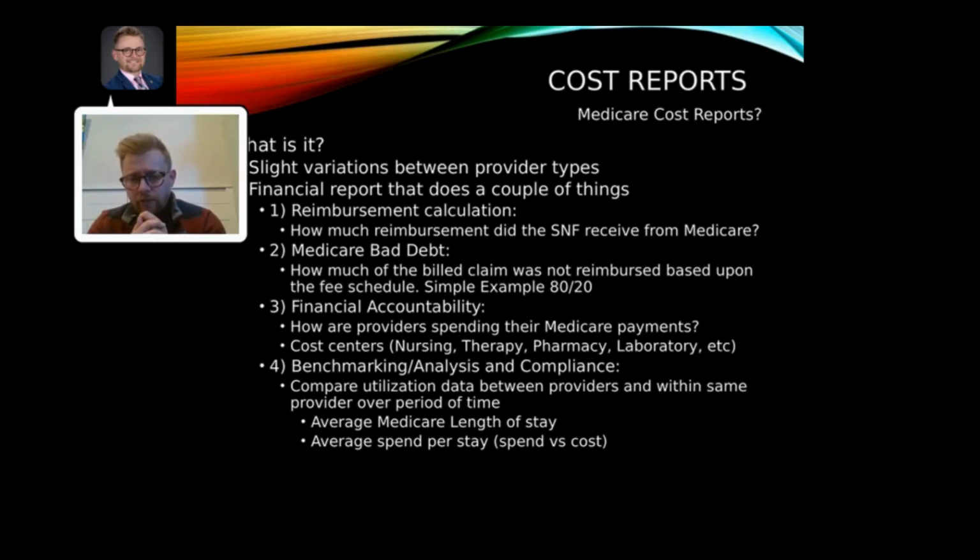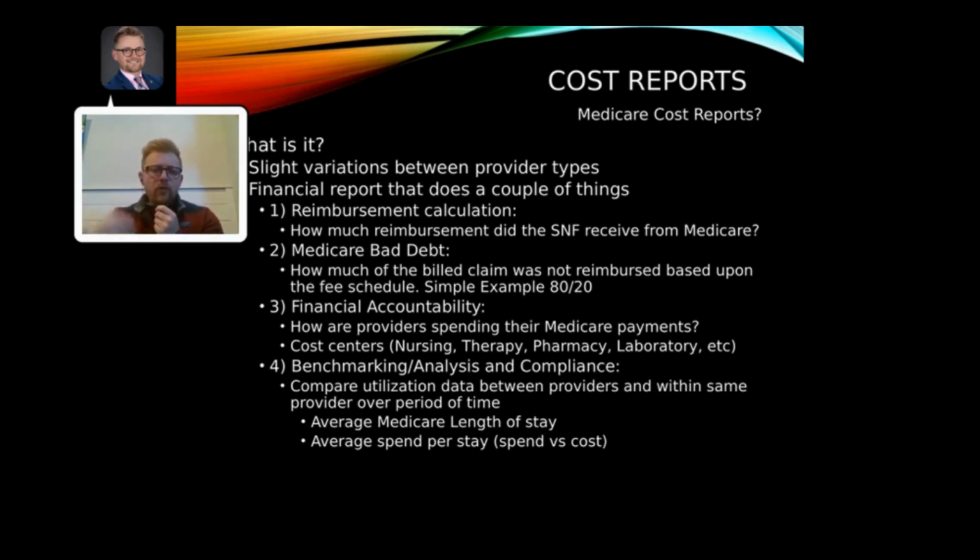They knew on day 21 that Medicare payment would have a copay, right? They knew that Medicare was not going to pay a portion of that reimbursement. So that is what we put on the bad debt log. What amount did we not get from Medicare that we knew we weren't going to get?